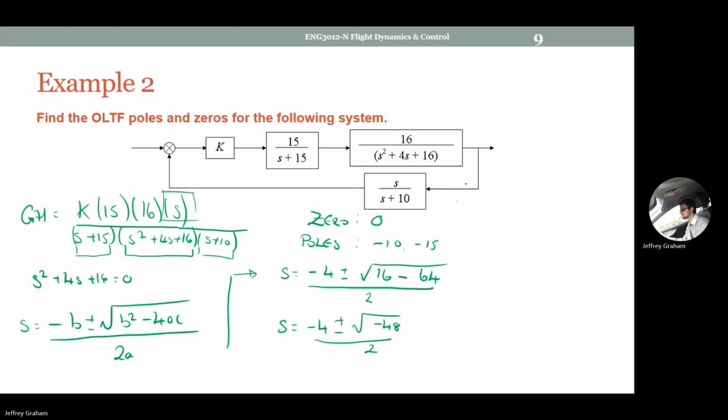Right. Best thing to do then is we're going to break the square root into two things: the square root of minus 1, which is multiplying the square root of 48.